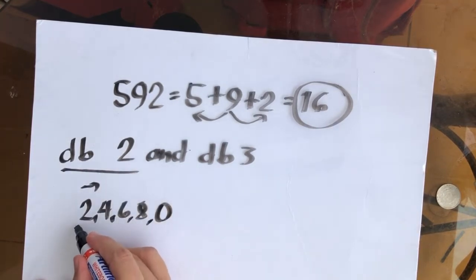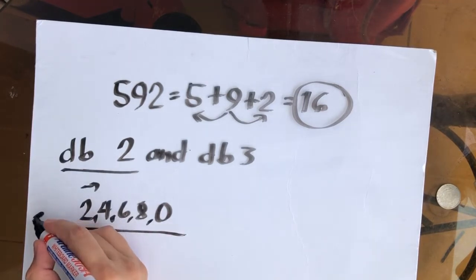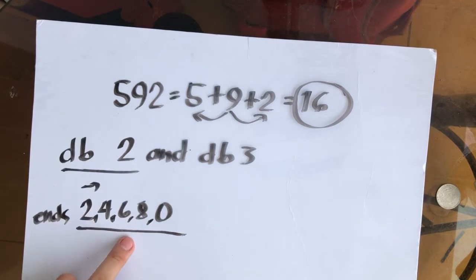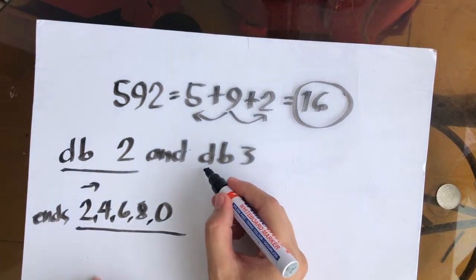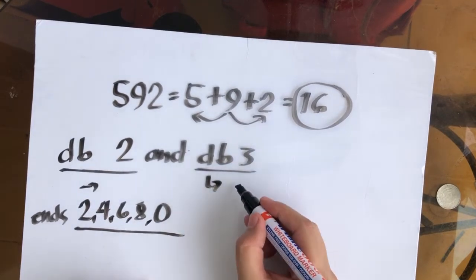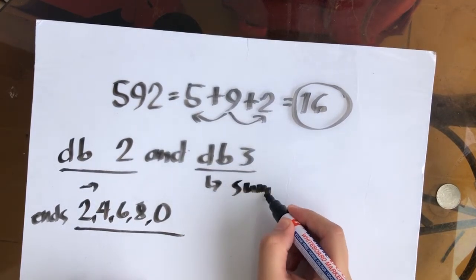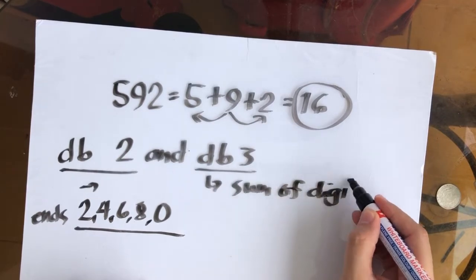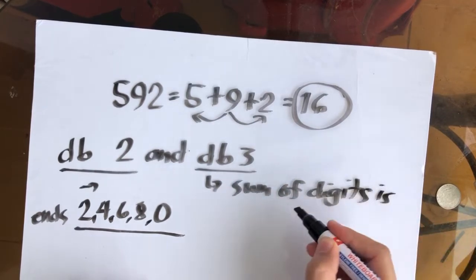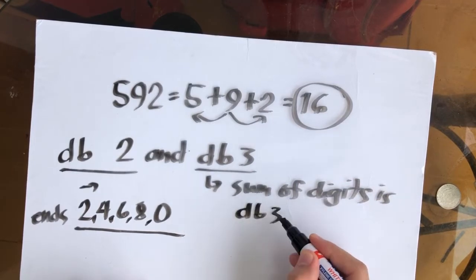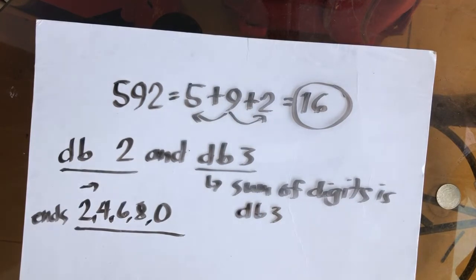Okay? So, kailangan ito daw yung kanyang ending. So, it ends with 2, 4, 6, 8, or 0. And for a number to become divisible by 3, kailangan yung sum of digits is divisible by 3 para maging divisible siya by 3.